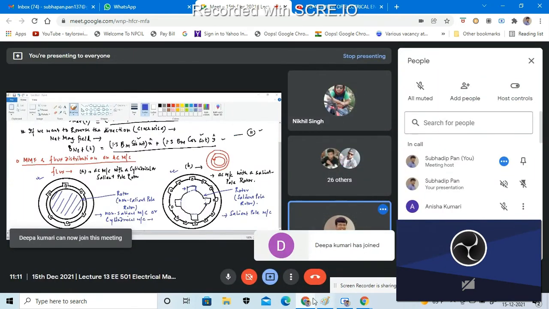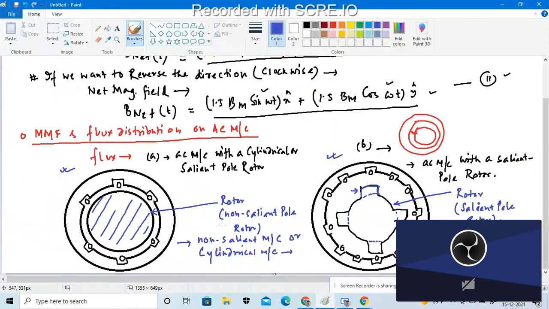Due to the easier construction of this non-salient pole machine or cylindrical machine, according to the design aspect, we can say that the cylindrical rotor or non-salient pole machine is much easier to understand and analyze than the salient pole machine.